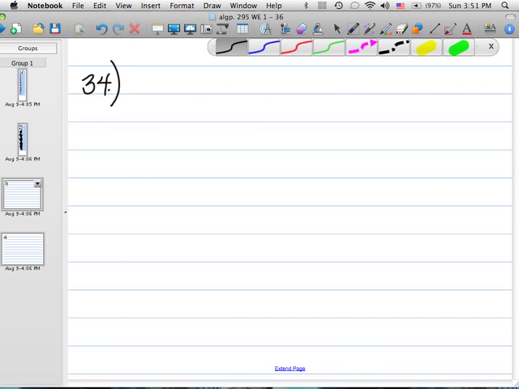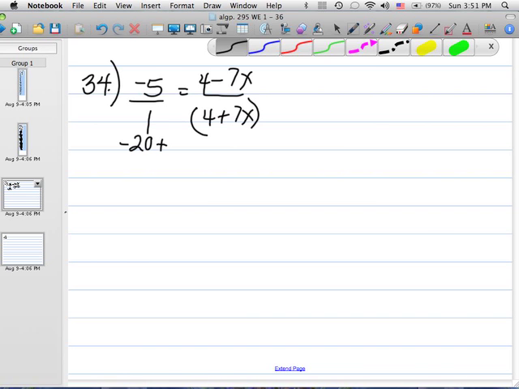34, put negative 5 over 1 equals 4 minus 7x over 4 plus 7x. Cross products, 5 times the 4 plus 7x gives you negative 20 plus, minus 35x. And 1 times 4 minus 7x is 4 minus 7x. I'm going to add 35x to both sides to keep things positive.